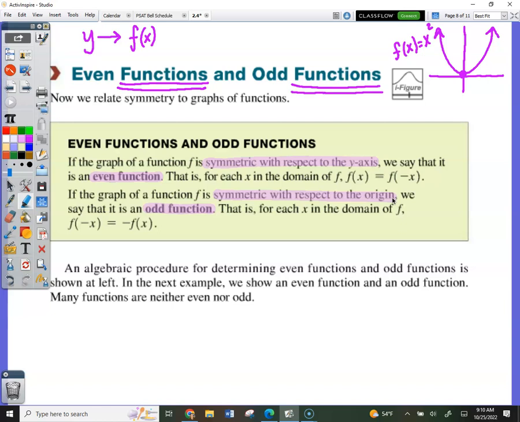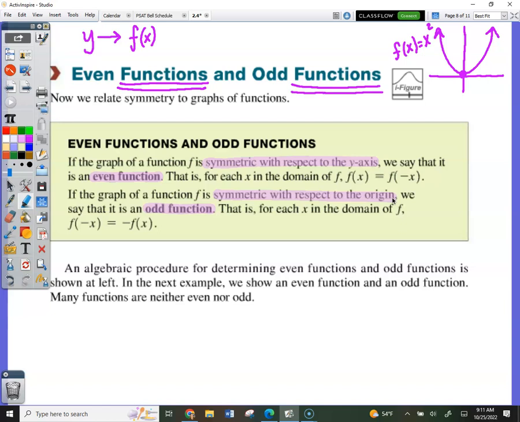So if I'm talking about equations, you're just checking, and that means you see the letter y. That's how you know I'm talking about equations. You're just checking the algebra, right? If I'm talking about functions, then you can only talk about the y-axis or the rotation around the origin, because over the x-axis would mean it's not a function.